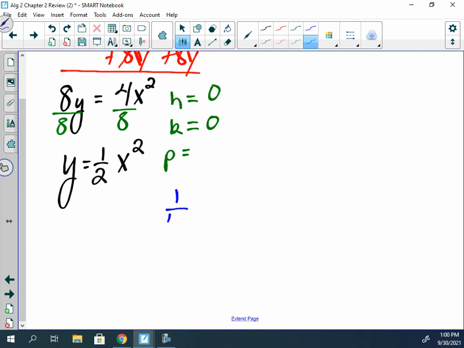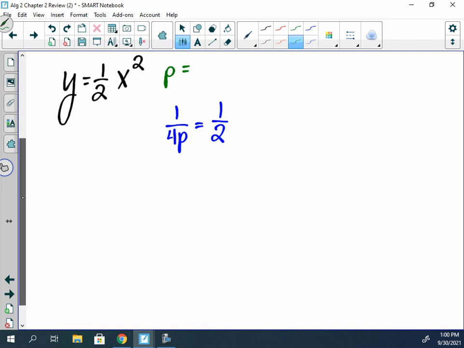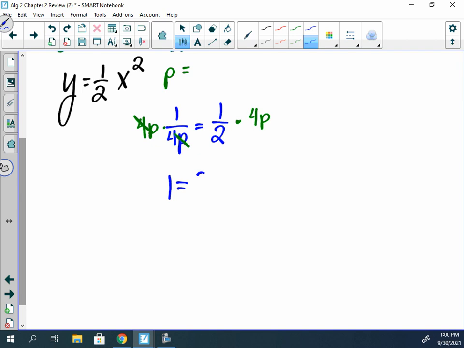We can say 1 over 4p equals 1/2. And then what can we do next? Multiply both sides by 4p. And those would cancel, telling us 1 is equal to 2p. Divide both sides by 2.